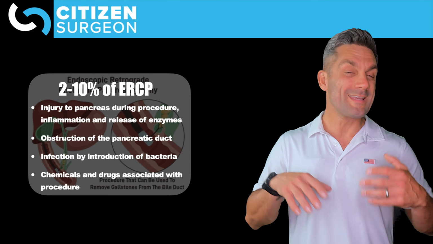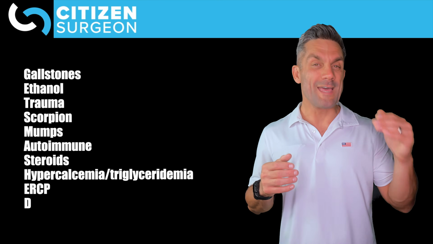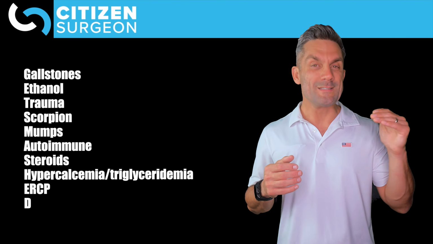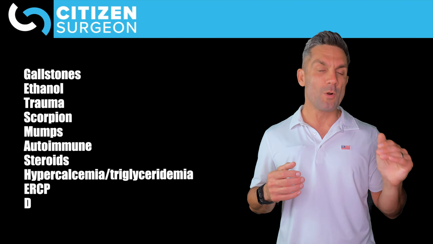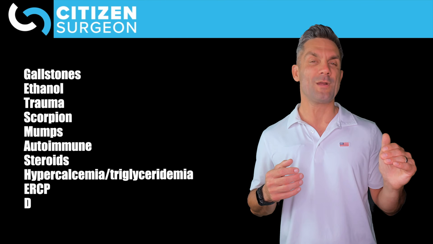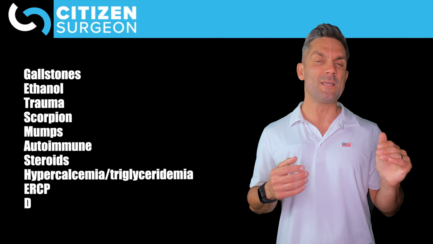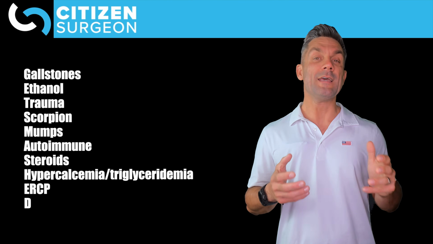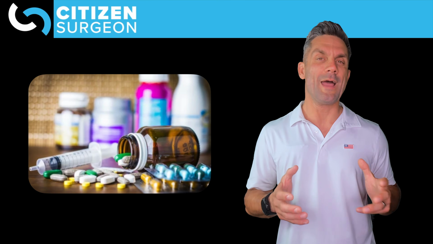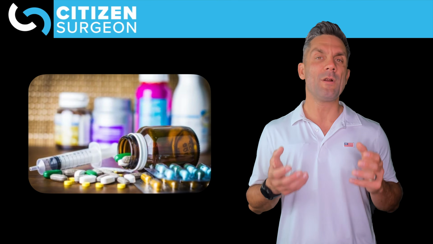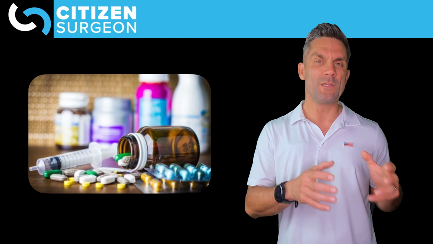Okay, so again, get smashed. Gallstones, ethanol, trauma, steroids, mumps, autoimmune, scorpion bites, hypercalcemia, hypertriglyceridemia. E is for ERCP, and D is for drugs. There are a number of different drugs that can lead to acute pancreatitis.